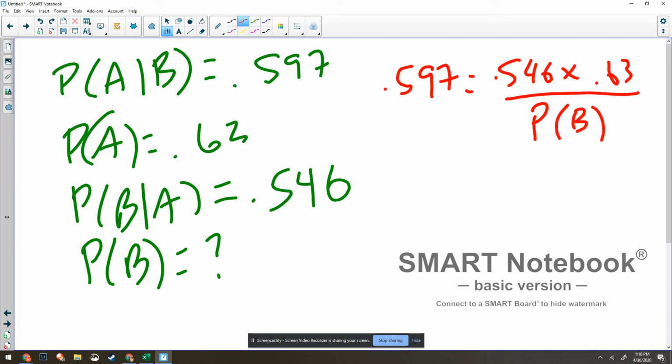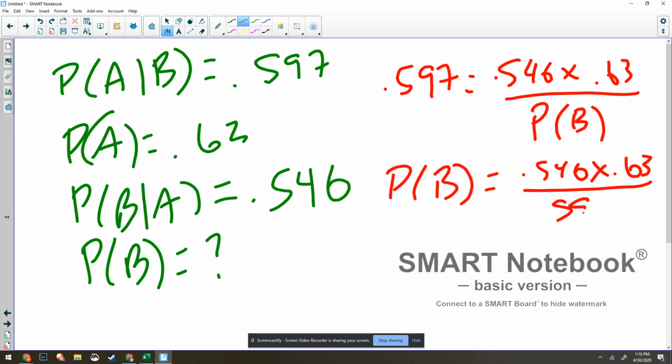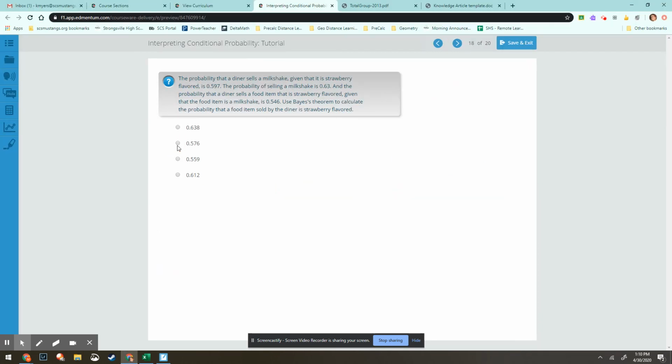So what I would do is multiply by the probability of B and then divide by 0.597. Work that out in your handy dandy calculator, and when you do that, you end up getting 0.576. That's a 7.